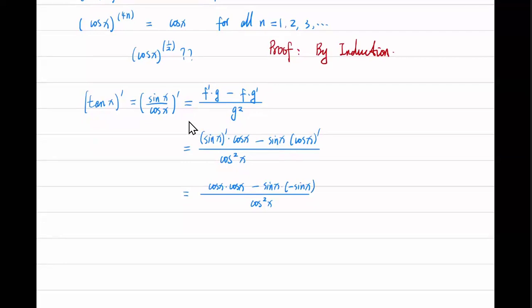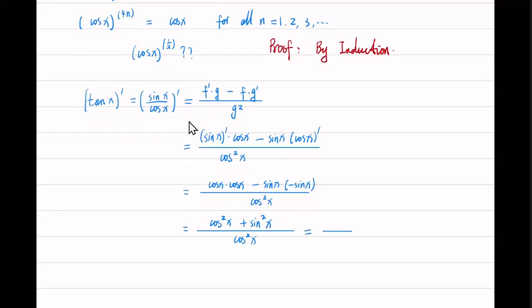Now we manipulate: cosine x, cosine square x. Minus is plus. Okay, Sophia, what's the numerator? It is 1. It's a 1 because of the trig formula.